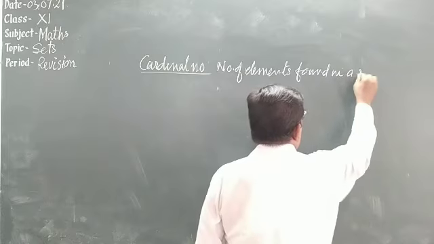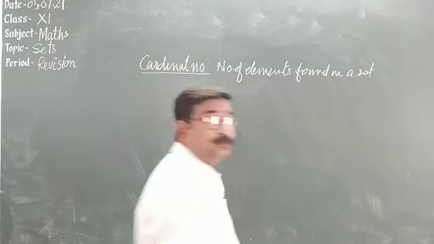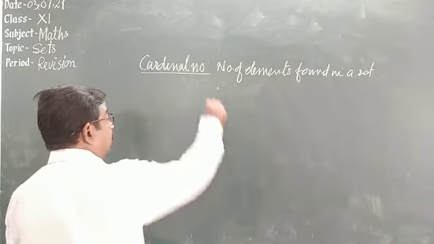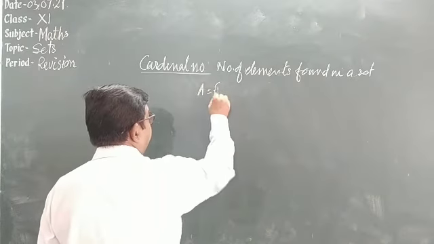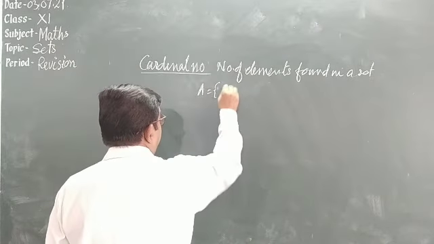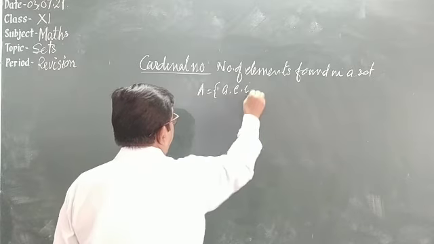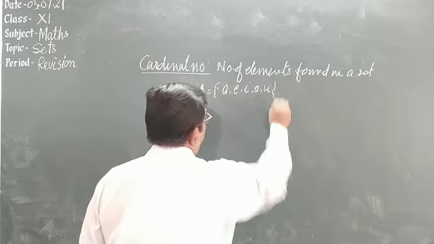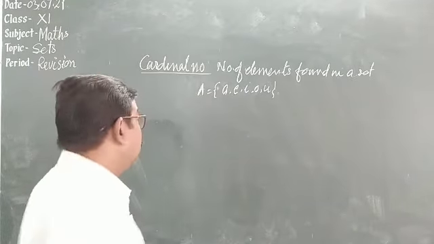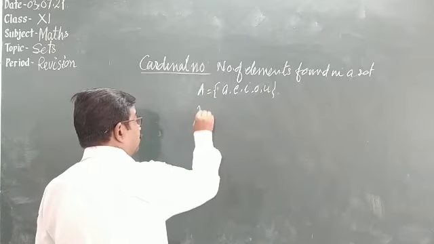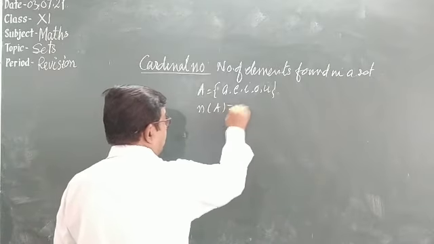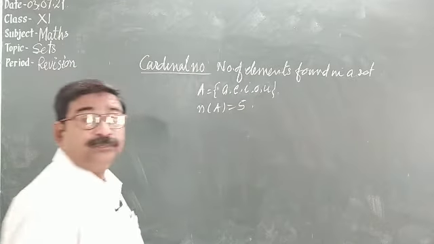For example, let we have a set A containing a, e, i, o, u. Then how many elements are there? We have 5 elements. So we write n(A) is equal to 5.